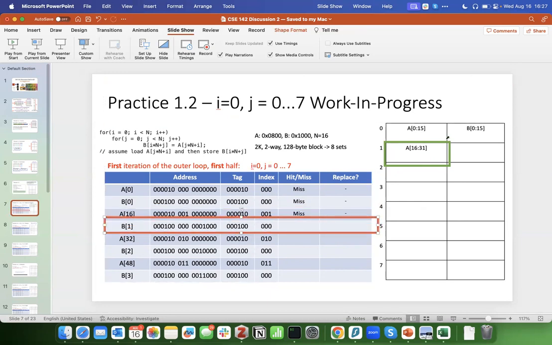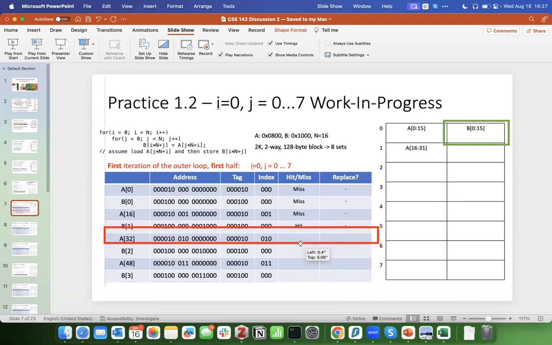B1, index 000, and look it up. I do find a matching tag. Whenever I have B0 to 15 and I'm looking for B1, I know that the tag is going to match. Rather than showing the tag in binary, I just represent them in terms of index, which helps you navigate the table. So this is a cache hit, and it doesn't replace anything.